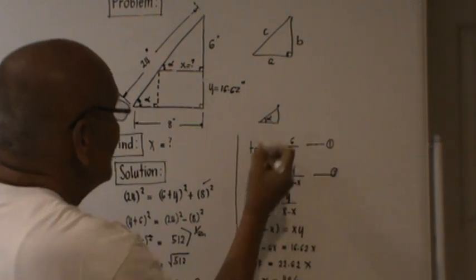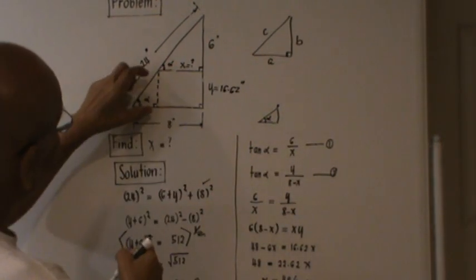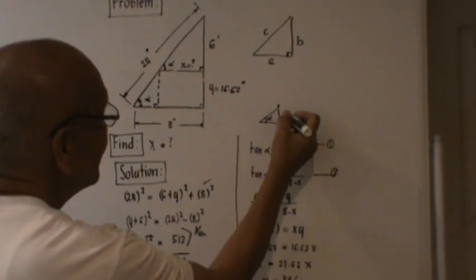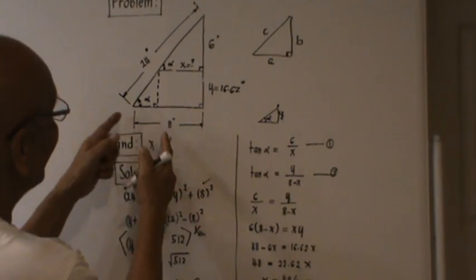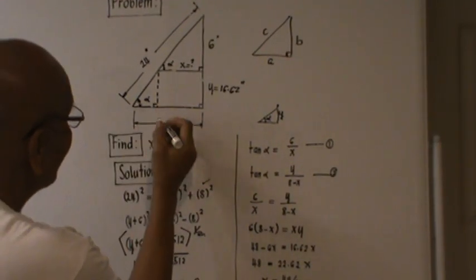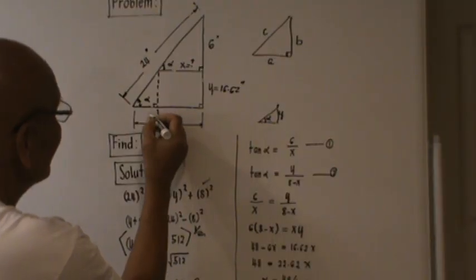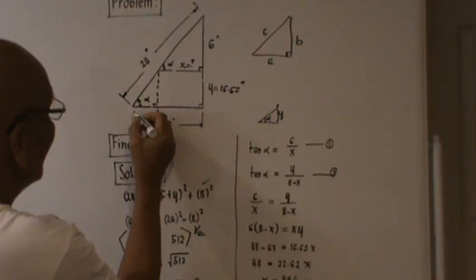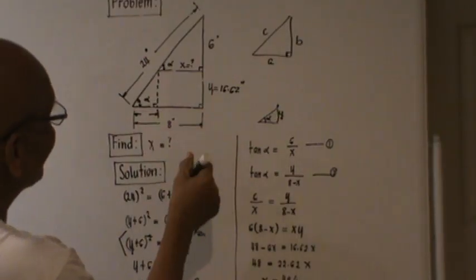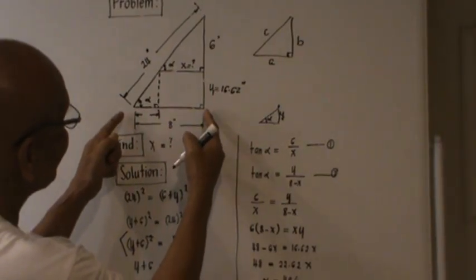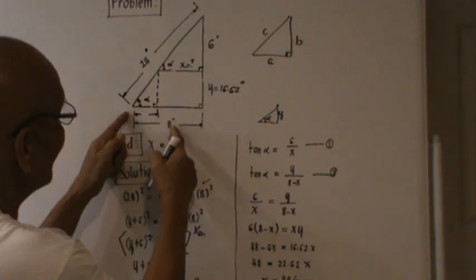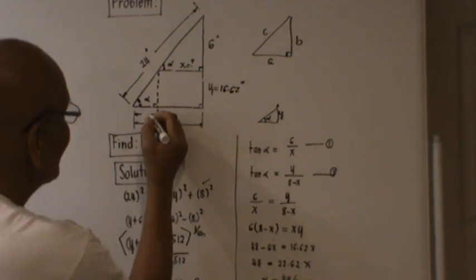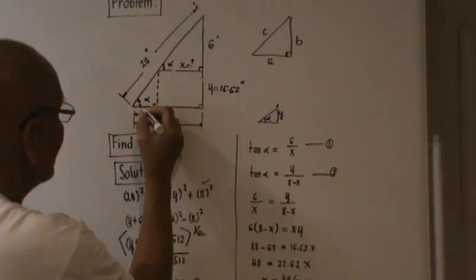This will be alpha. This height here is actually y, so this is y. And this length here, for the meantime, we do not know. So if the total length of the horizontal leg is actually 8 inches, this portion here should be 8 minus x.